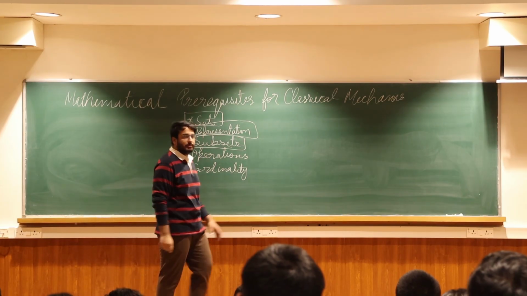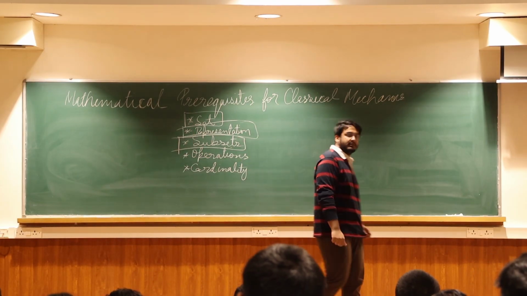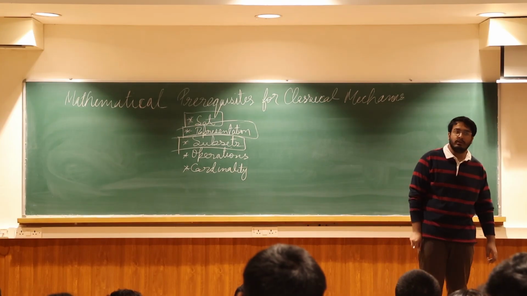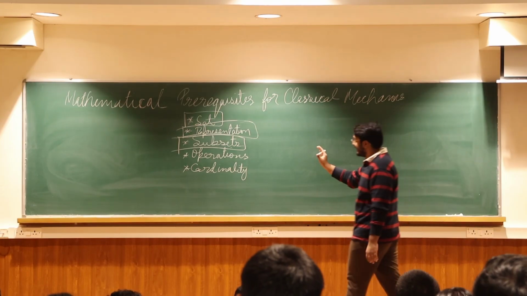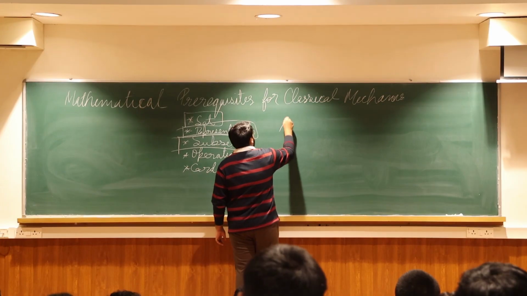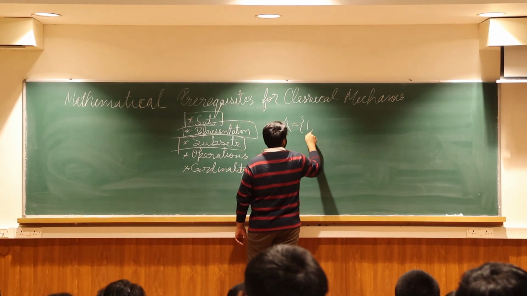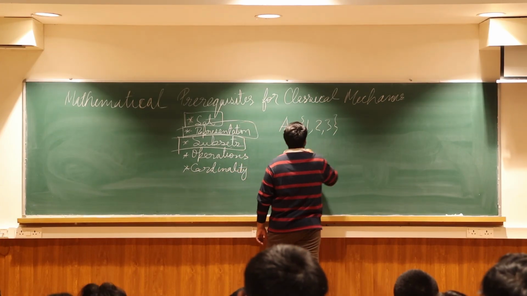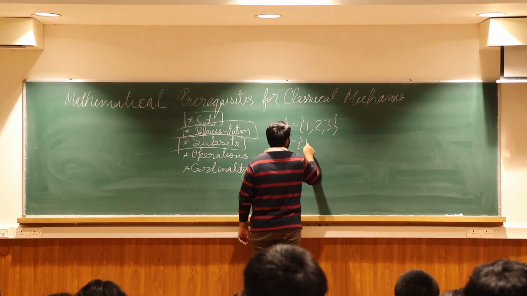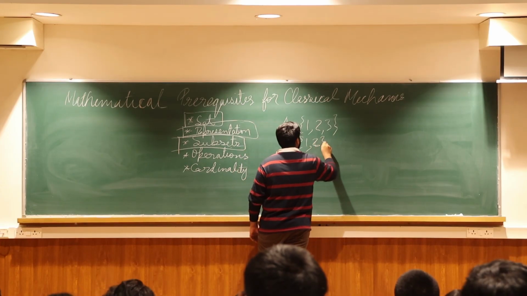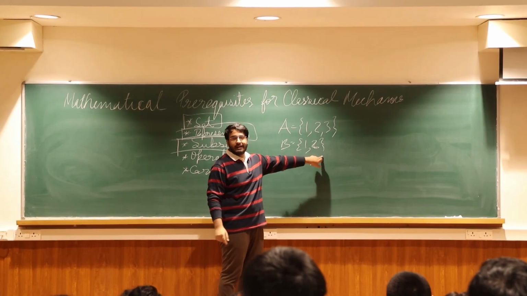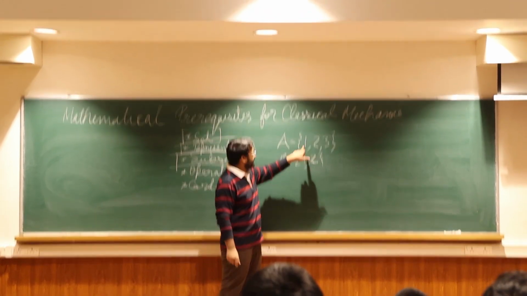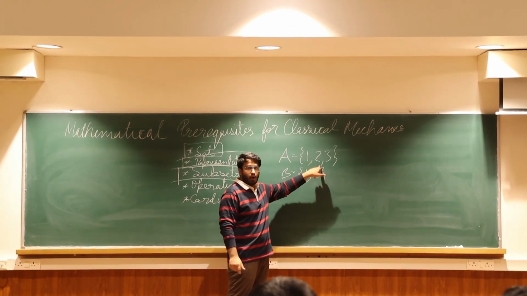A show of hands to the people who had some problem with subsets. Okay. I would define it anyways. So let's say I have a set A and I have a set B. These curly brackets are used to denote sets. The elements are written separated by a comma.